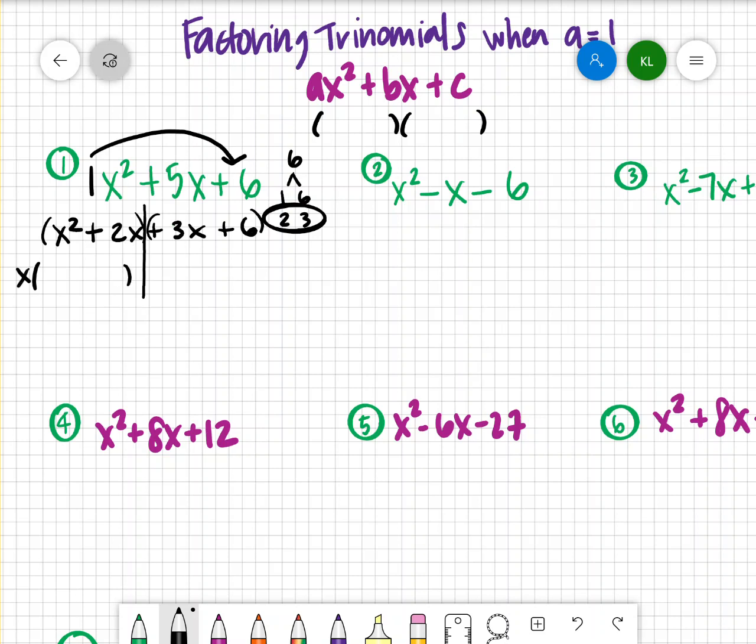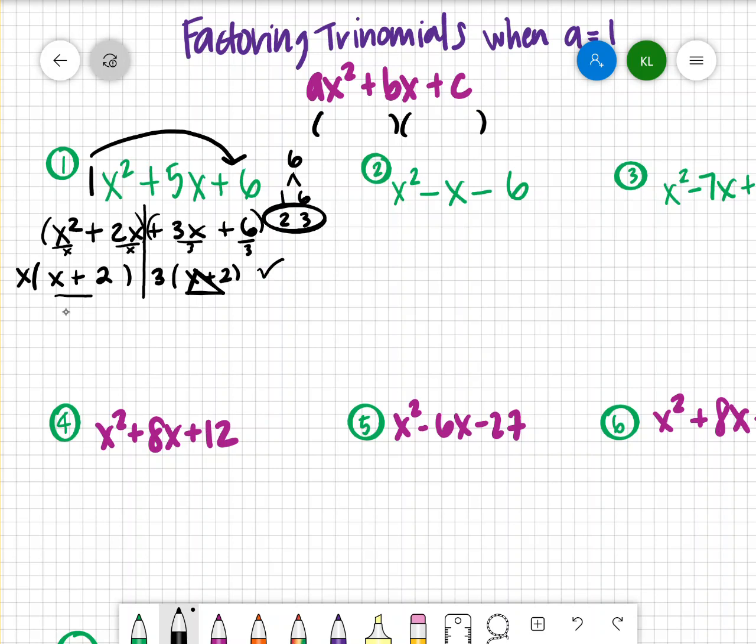I'm going to factor that out, which is the same thing as dividing that term out. And that leaves us with x plus 2. And then if I'm looking at positive 3x plus 6, my greatest common factor is a 3. So when I factor that out, again, I get x plus 2. The nice thing about factoring by grouping is those should always match, which they do.